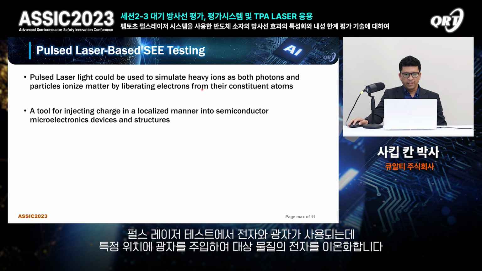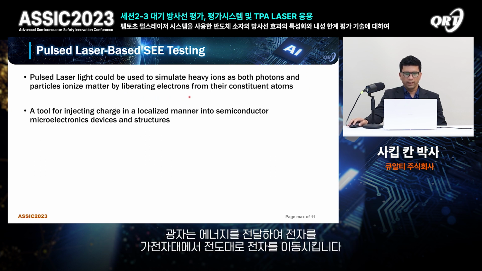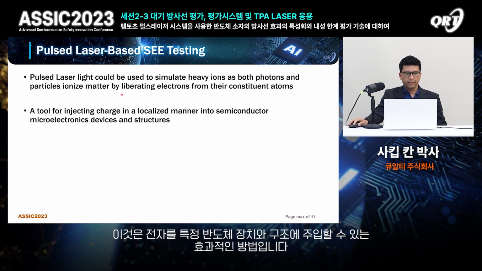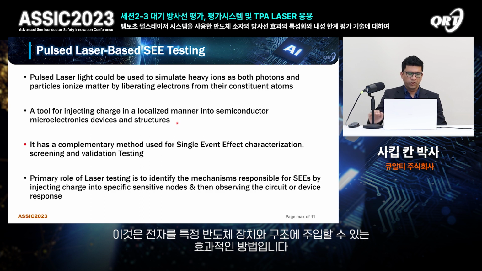In pulse laser testing, photons are used to ionize the electrons of the target material by injecting the photons at a very specific location, and they can transfer their energy to liberate the electron and move the electron from the valence band into the conduction band. This is a very powerful tool for injecting the charge in a localized manner into semiconductor devices and structures.